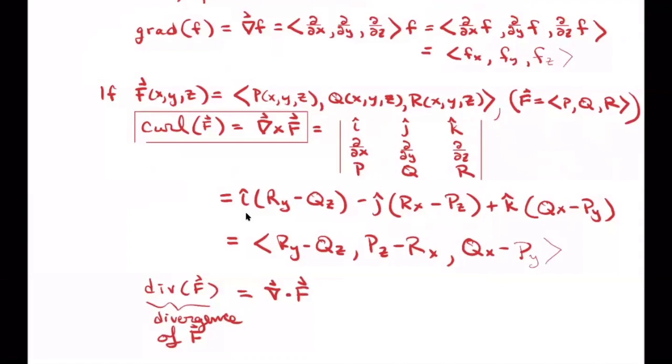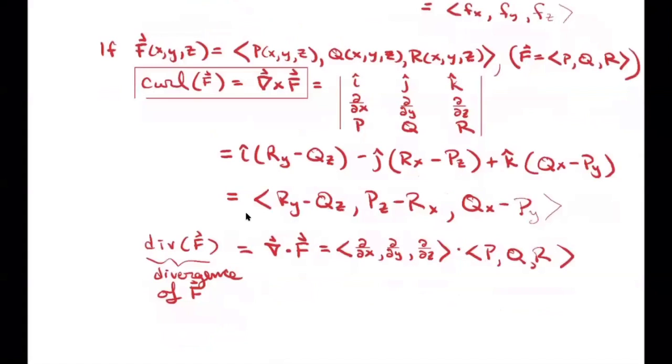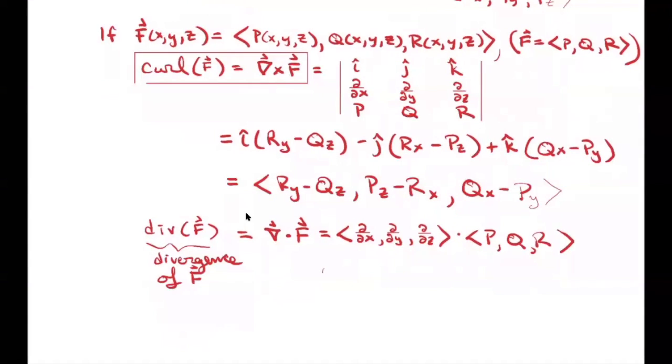It's del dot F. So del is up there, and F, of course, is P, Q, R. Also, don't forget dot products are scalar products.